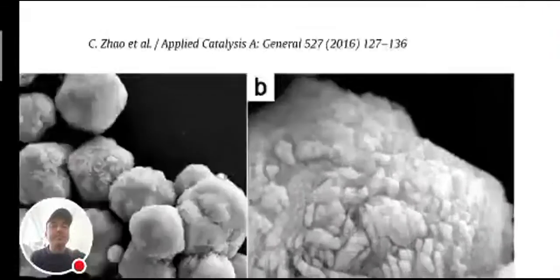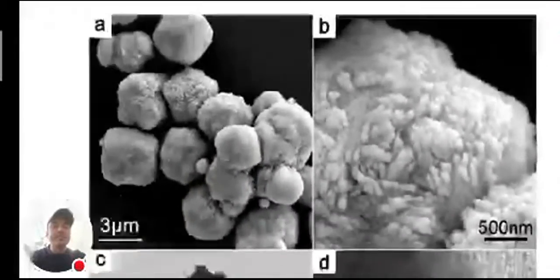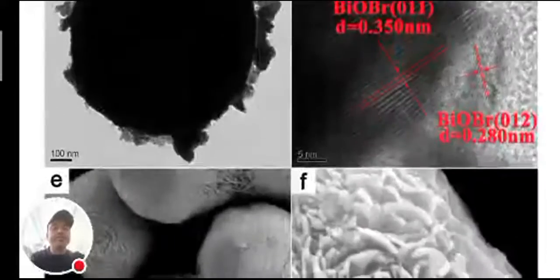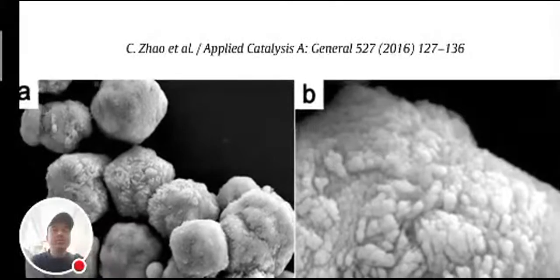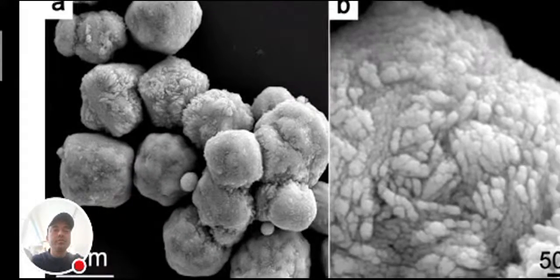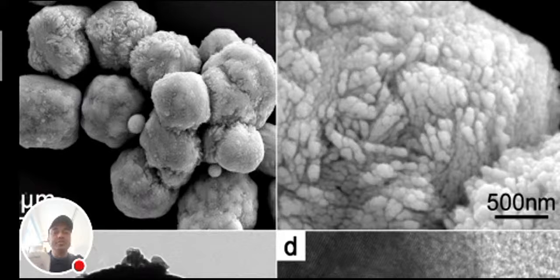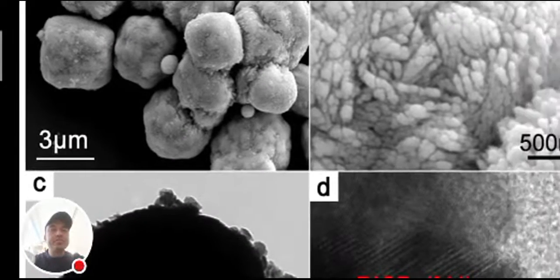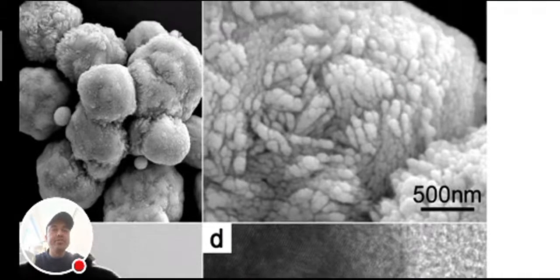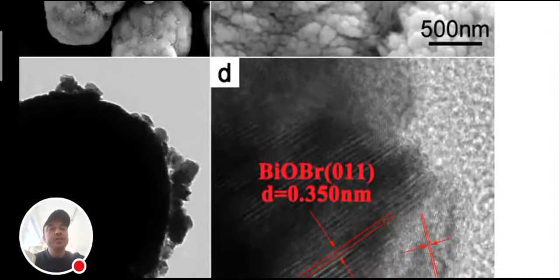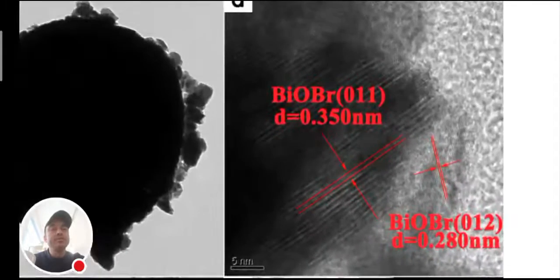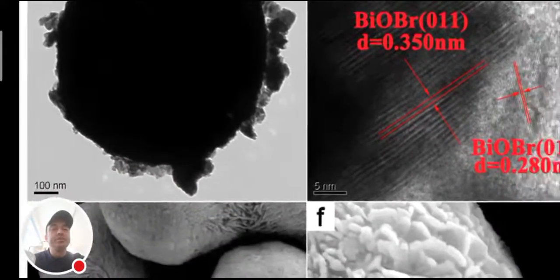So we'll now have a look at the characterization techniques. Guys, these are the SEM and TEM images. You can see these are microspheres, 3 micrometer and 500 nanometer scale. When you resolve the images at higher magnification, you can find this is a 100 nanometer sphere.